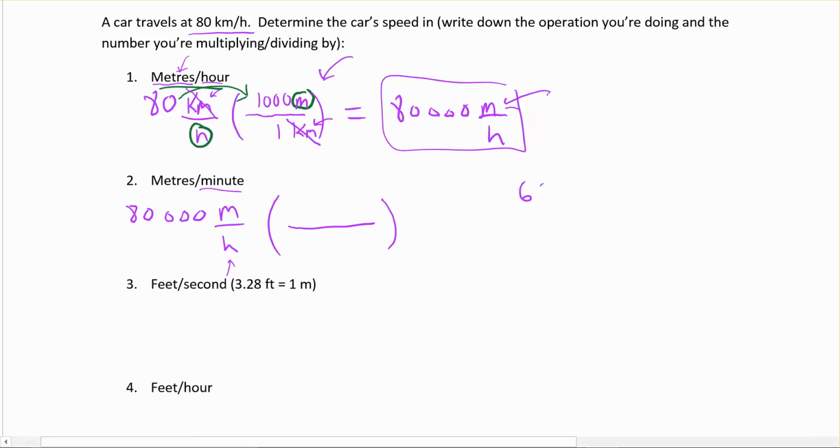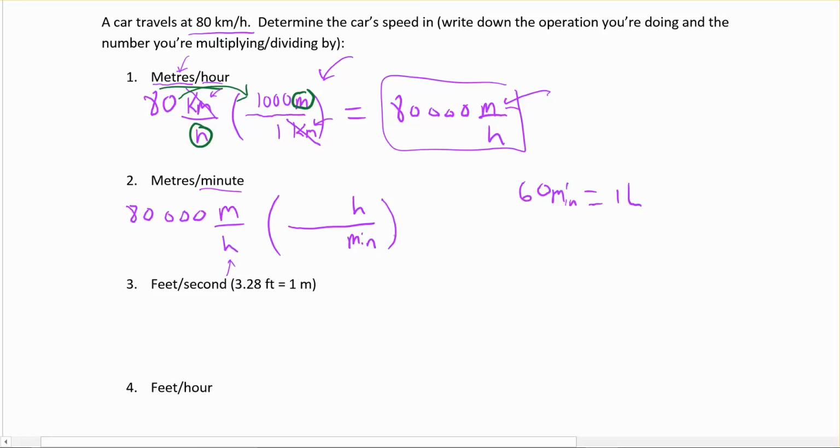Well, there's 60 minutes in 1 hour. So I'm going to make that my ratio. But this time I'm going to put hours on the top. Any idea why I put hours on the top instead of the bottom? It's because I need to cancel my hours in the end. So that's why hours go on top, minutes go on the bottom.